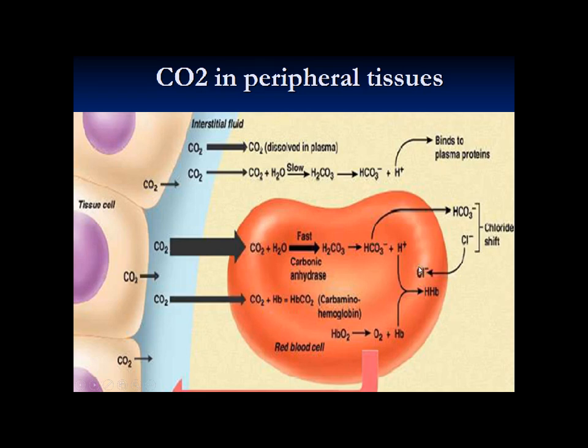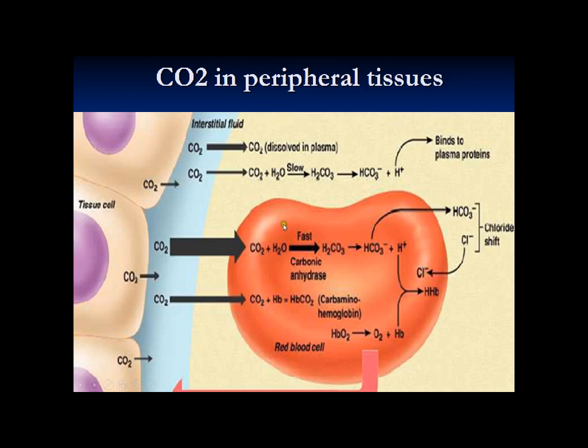So when one molecule of carbon dioxide enters, one molecule of bicarbonate or chloride is added to the RBC. These are the osmotically active agents, chloride as well as bicarbonate. Being osmotically active, they cause osmosis from the plasma into the RBC.